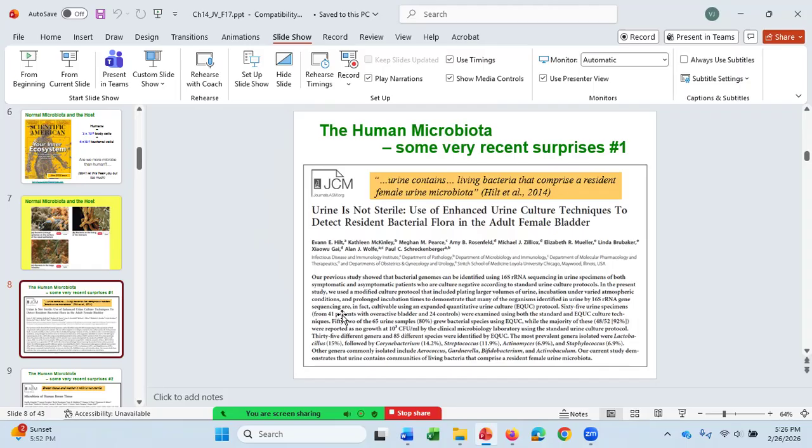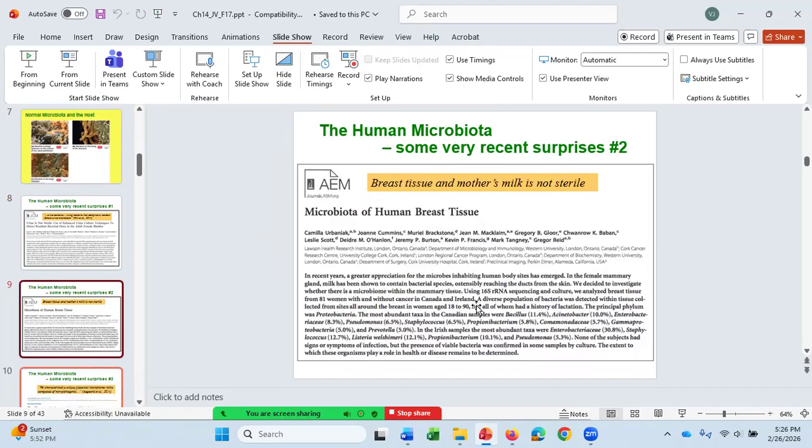Any question about any of that? So the urine is never sterile because, at least in females, there's normal microbiota in the bladder. Mother's milk is also not sterile. Even after it comes out of the breast, it's obviously not sterile, but inside the breast, mother's milk is not sterile.